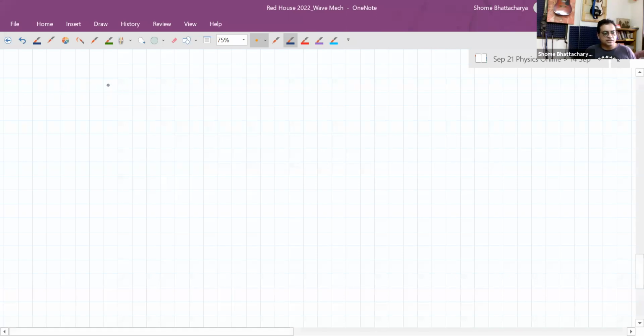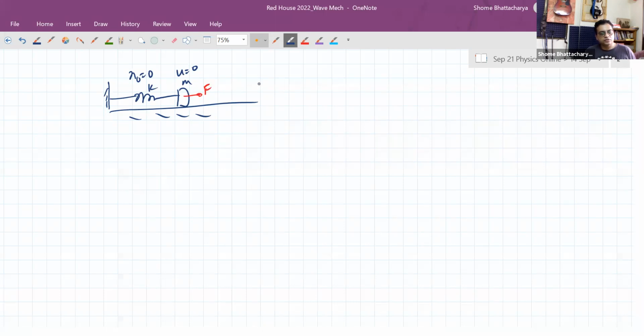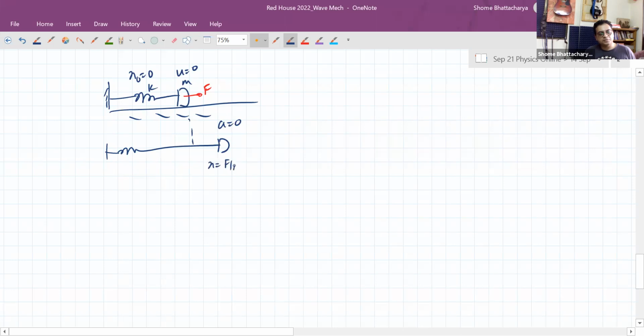So if you have a system like this, which is having x equal to 0 initially, u equal to 0, then it will have a range of motion where at the equilibrium position, x will be f by m, and therefore the maximum displacement will be double of that, and here at the equilibrium position v will be maximum.